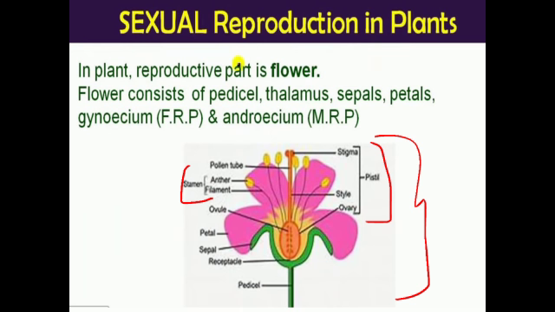Stamen is the male reproductive part, which contains anther and filament; about this we will study in detail shortly. The function of the stamen is to produce pollen grains that are yellowish in color. Here you can see these yellowish pollen grains produced by the stamen.